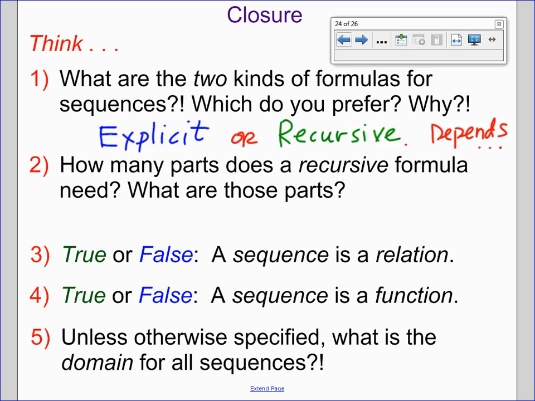How many parts does a recursive formula need? And what did you get for that? Heather? 2 parts. Good. So there's 2 parts for a recursive formula. It's easy to recognize because of the brackets. What are those parts? Well, we need the first term for first term values.